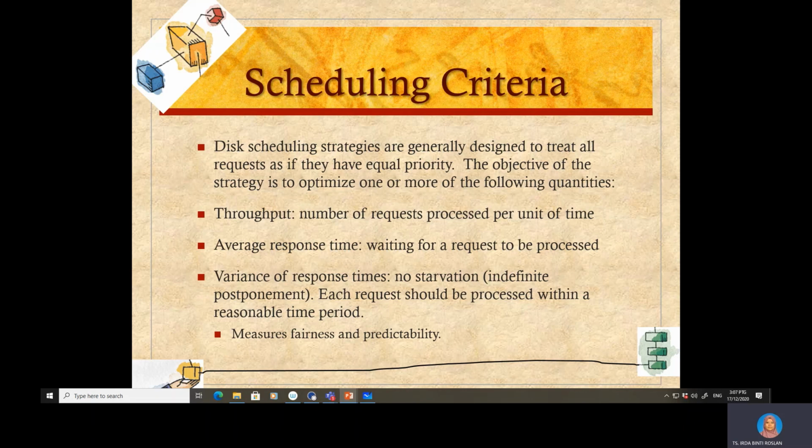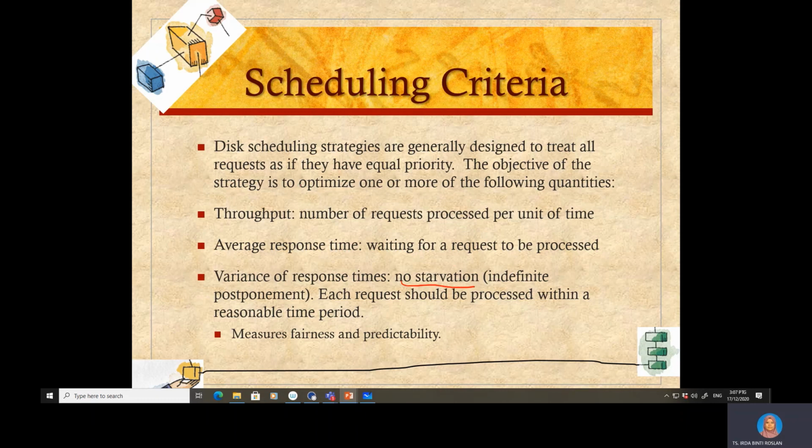Average response time is the waiting time for a request to be processed. Then the variance of response times, and whether there is no starvation or indefinite postponement. Each request should be processed within a reasonable time period. The target is that there should be no starvation.